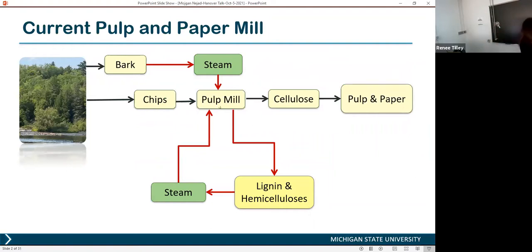I'm going to talk about lignin, and to tell you what lignin is. Lignin is basically the natural glue in the wood. Currently, when the pulp and paper industry wants to make pulp and paper, they start with a tree. They use the timber, make wood chips, and debark the logs, then burn the bark as steam.